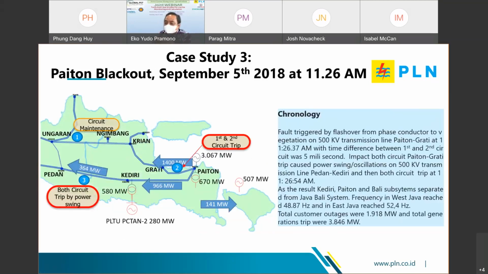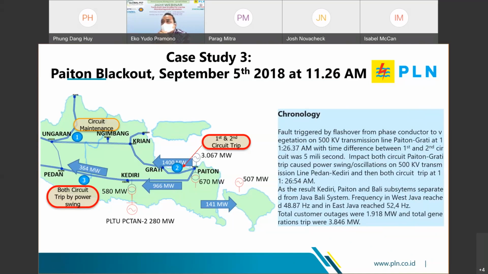And we have one more case, the disturbance in the Paiton power system. This is in the east part of Jawa Bali, where we have two sites with big generation, one in the east, one in the west.